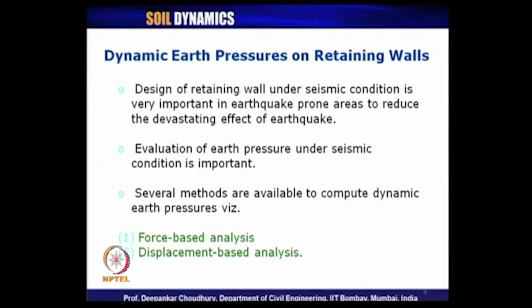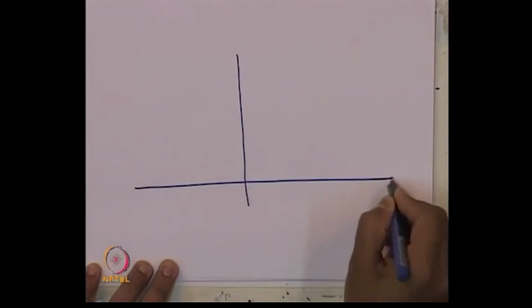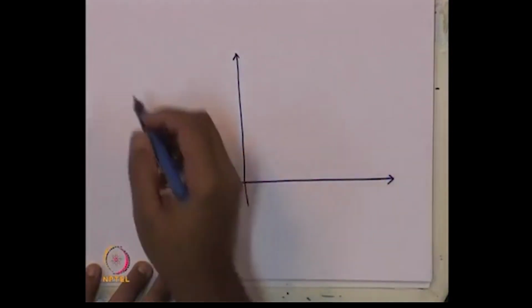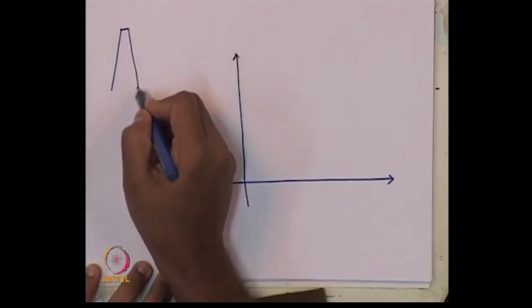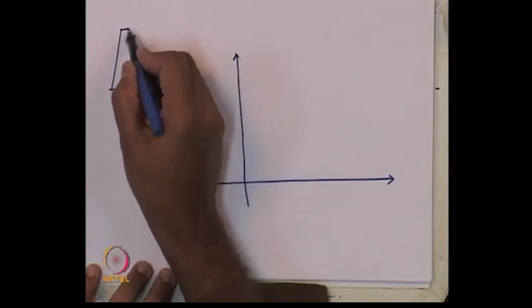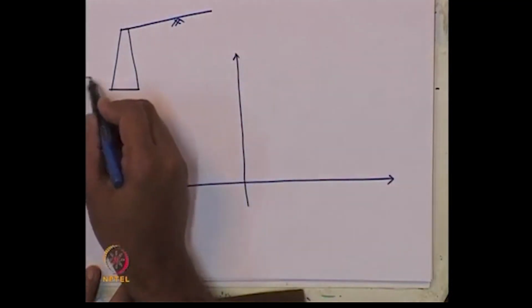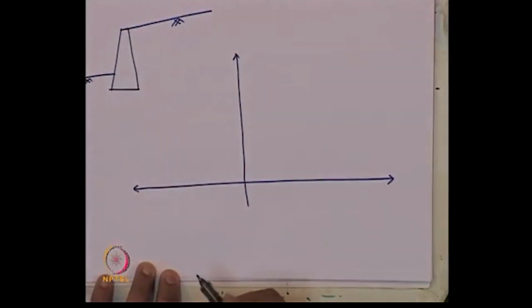If you remember the basic diagram, if I draw this for any rigid retaining wall, suppose we have backfill here and some backfill here, this is the dredge level, this is the rigid retaining wall.